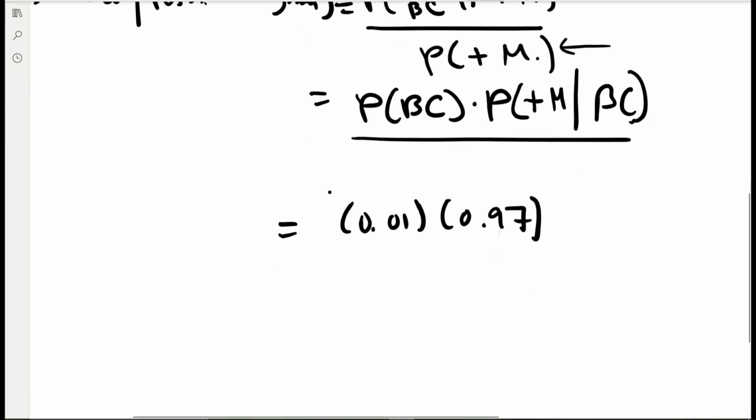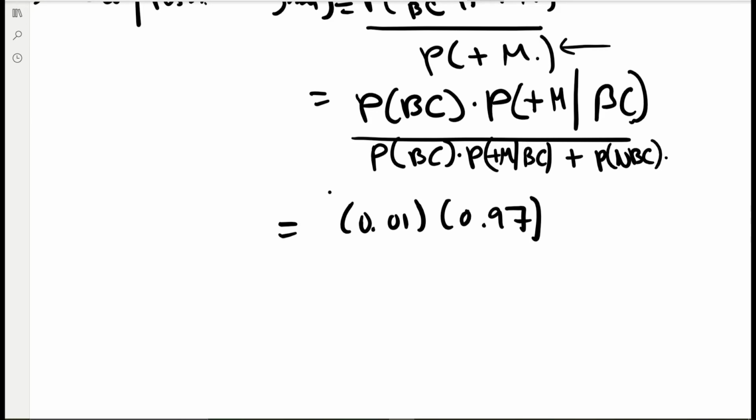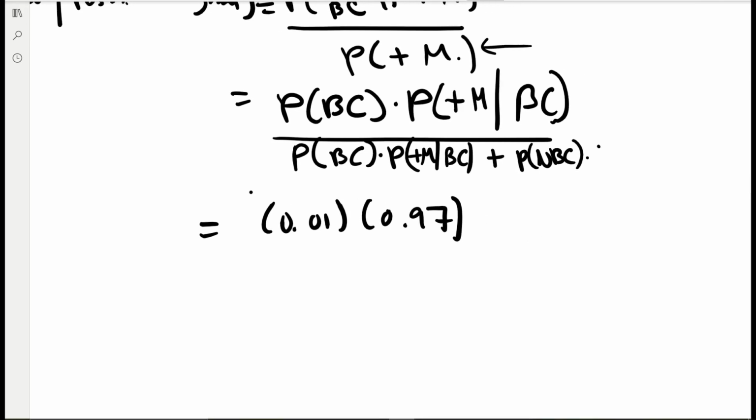So this is the same thing as doing the probability has breast cancer, we'll just say BC for has breast cancer, times test positive given breast cancer, or does not have breast cancer and the person tests positive given that she does not have breast cancer. So that's the way that you could say positive for that.